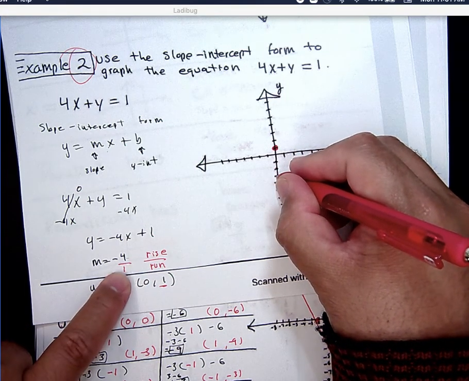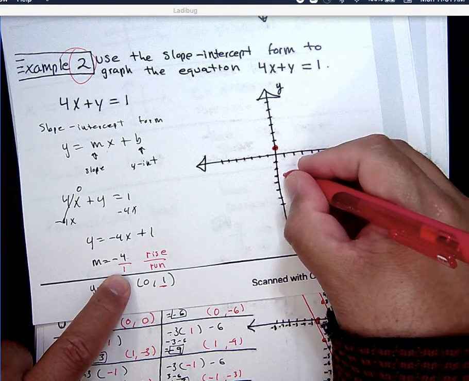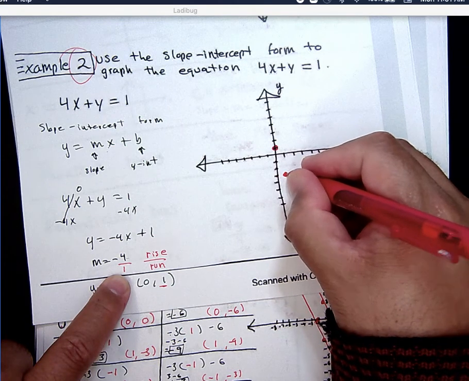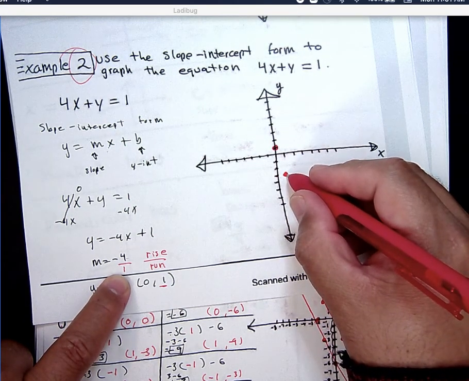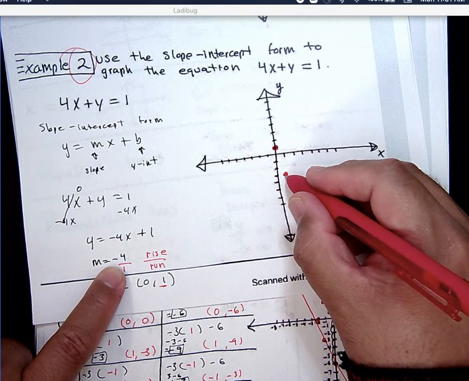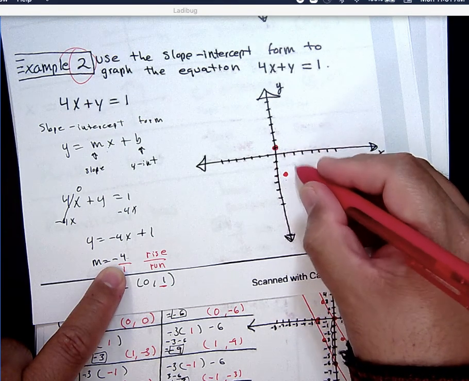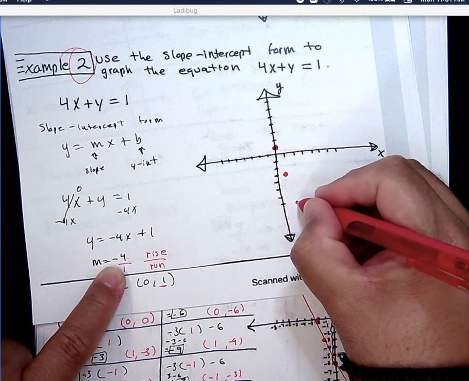What else is happening? We haven't finished yet. To find the other point, you also need the run. So we ran 1 dot. So it's right here. From that point, you can do the slope again and find the third point. So you're going to go down 1, 2, 3, 4 again, and then 1 to the right.